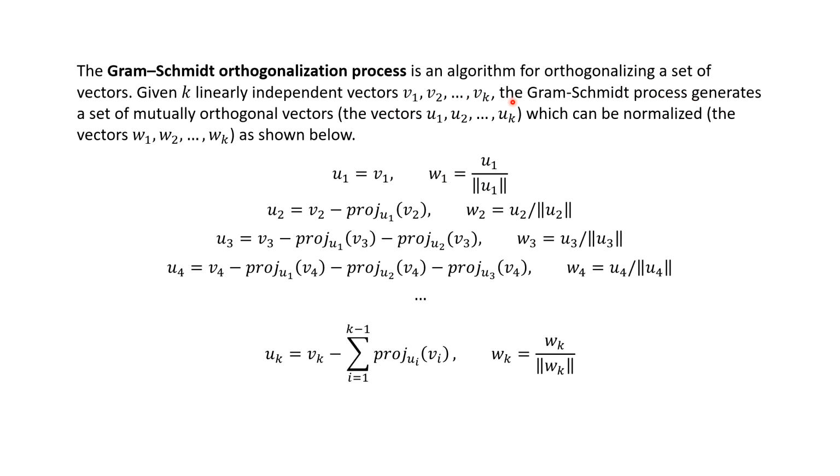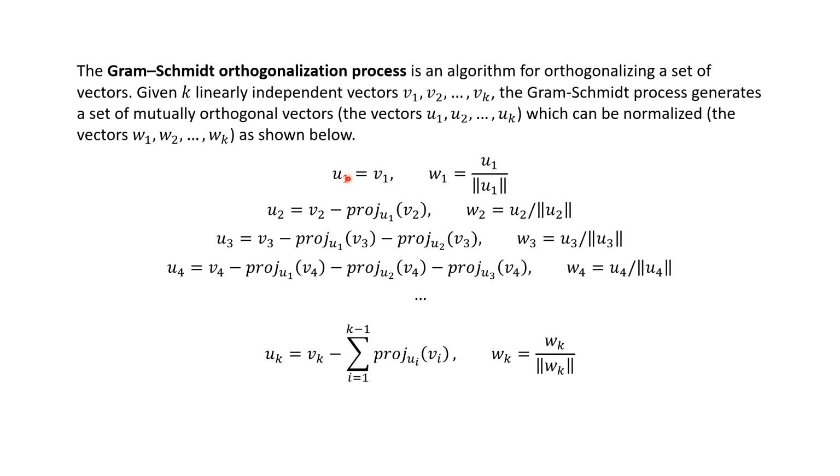You start with your set of vectors, v1 to vk, and eventually you end up with the set of vectors u1 to uk that are mutually orthogonal, and if you like, you can normalize them to have length 1, and that would be the set w1, w2 up to wk.